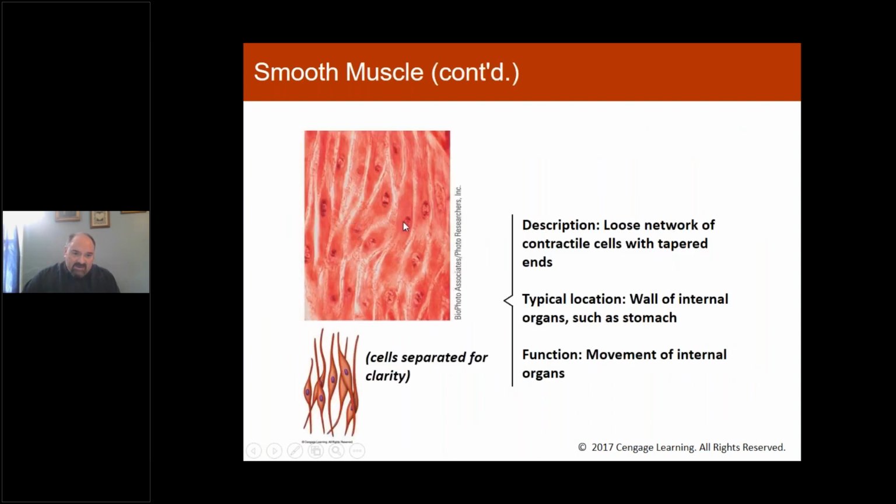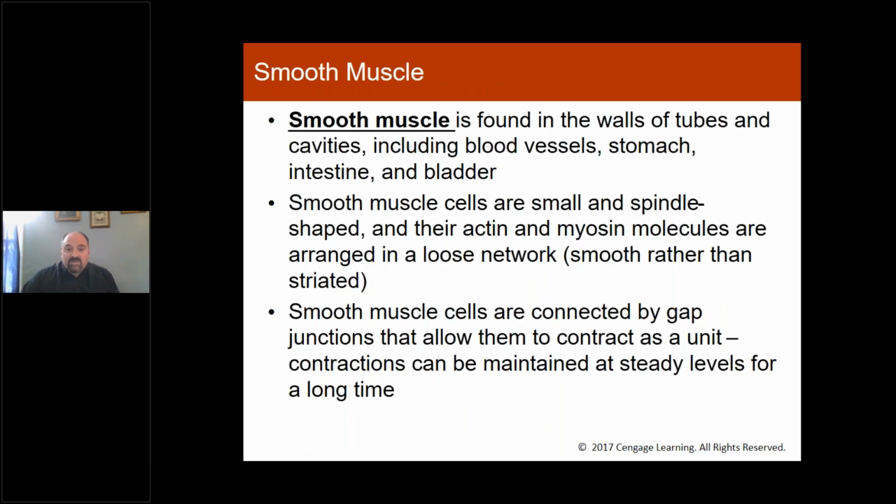These are very unique muscle fibers. They're spindle-shaped, and there are no striations like there were on cardiac and skeletal muscle. So smooth muscle is found in the walls of tubes, cavities, blood vessels, stomach, intestine, bladder, the organs of the body.